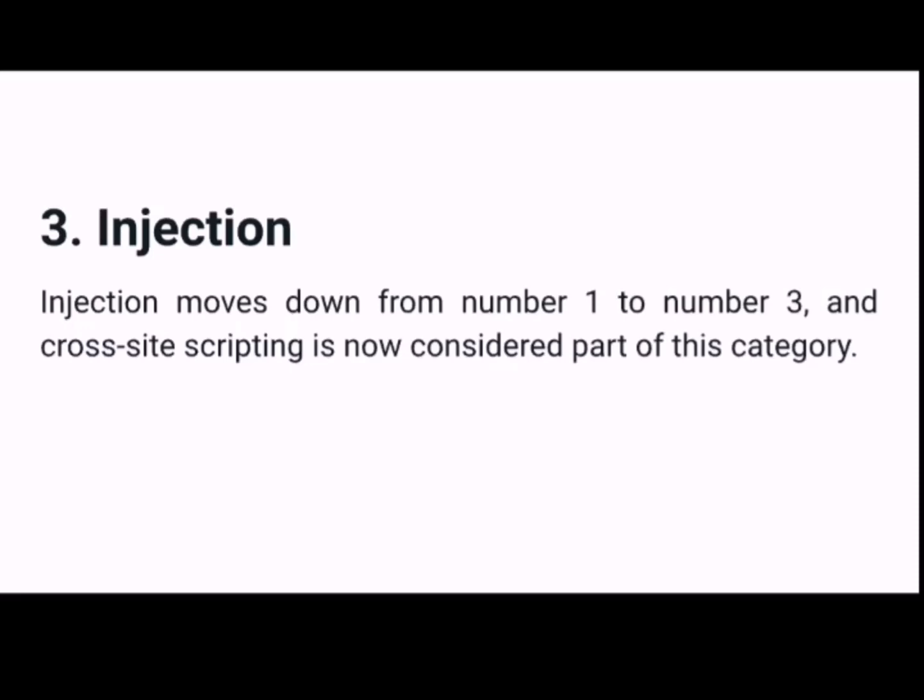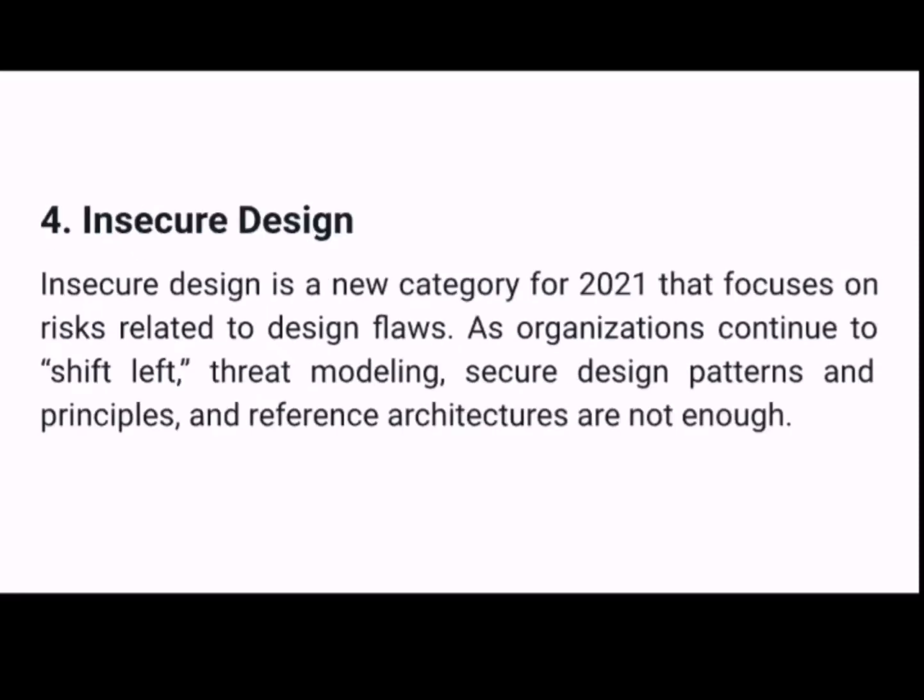And fourth is insecure design. Insecure design is a new category for 2021 that focuses on risks related to design flaws. As organizations continue to shift left, threat modeling, secure design patterns and principles and reference architectures are needed.